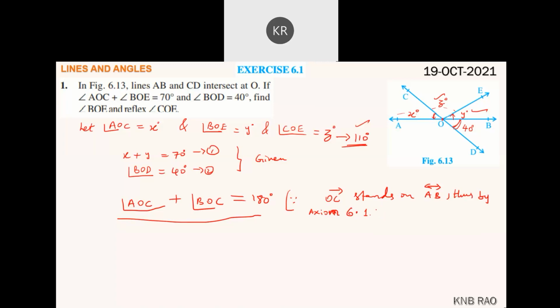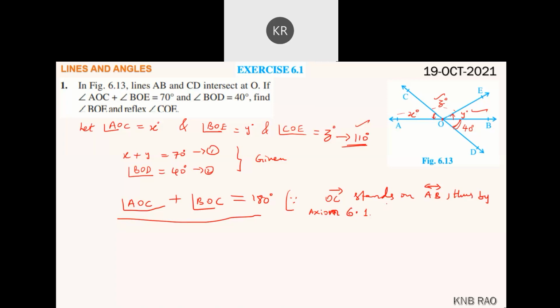Axiom 6.2 tells that if the sum of any two adjacent angles is equal to 180 degrees, then the non-common arms of the angles form a line. That is 6.2.